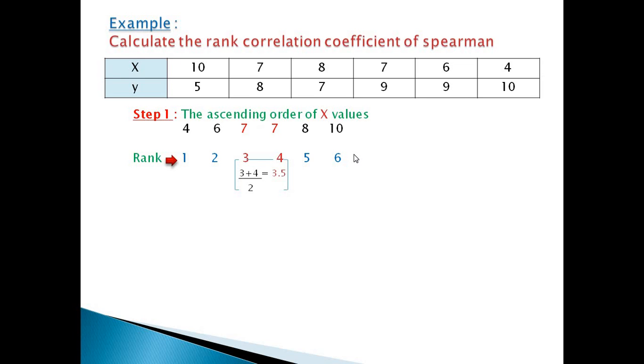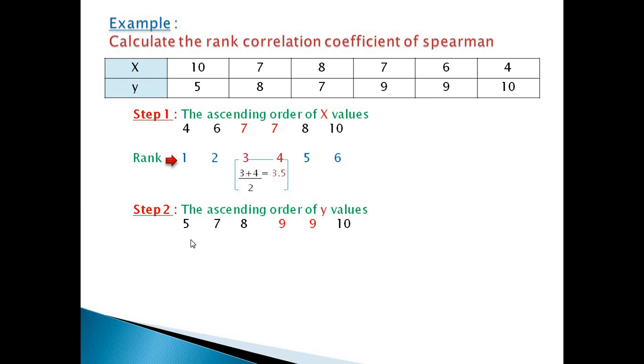This is step 1. Step 2, we do the same with the y values. Step 2, also arrange the values of y ascendingly. We have here the values of y. You're going to arrange them ascendingly from the small to the big. 5, 7, 8, and we have also here repeated value 9, 9, and 10.